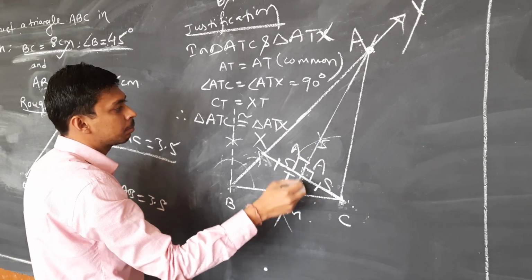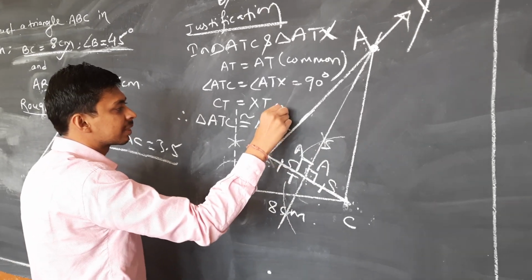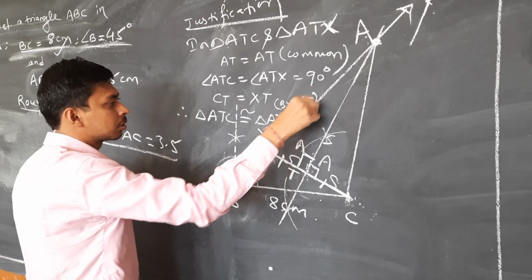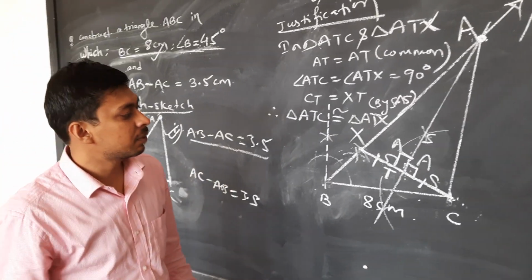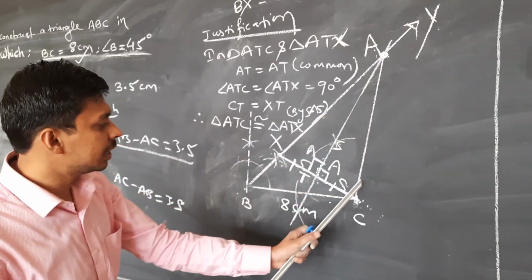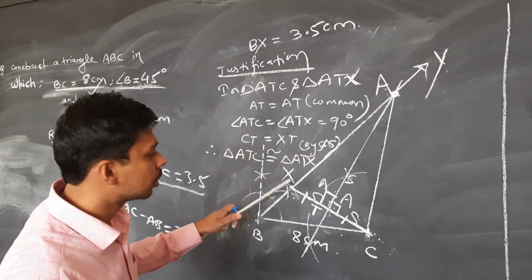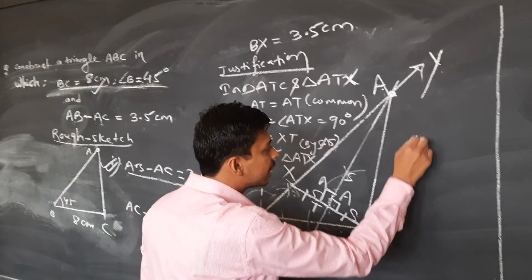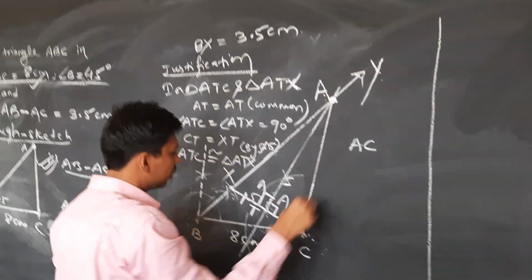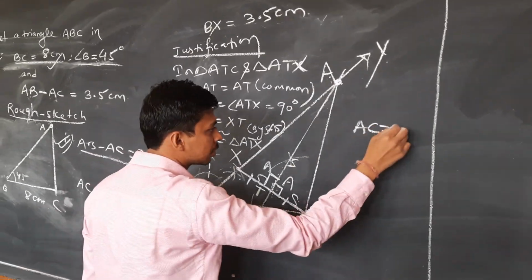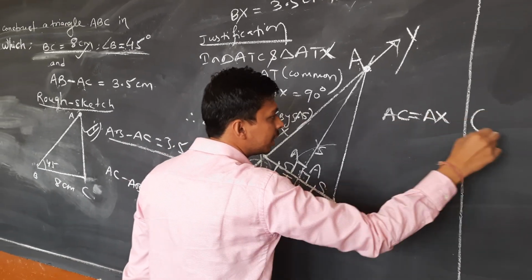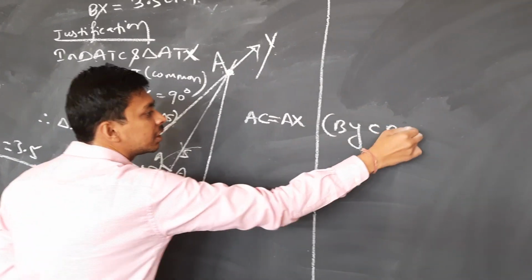So by SAS rule. From this, this AC length is going to be equal to AX by CPCT. So you will be writing AC is equal to AX by CPCT.